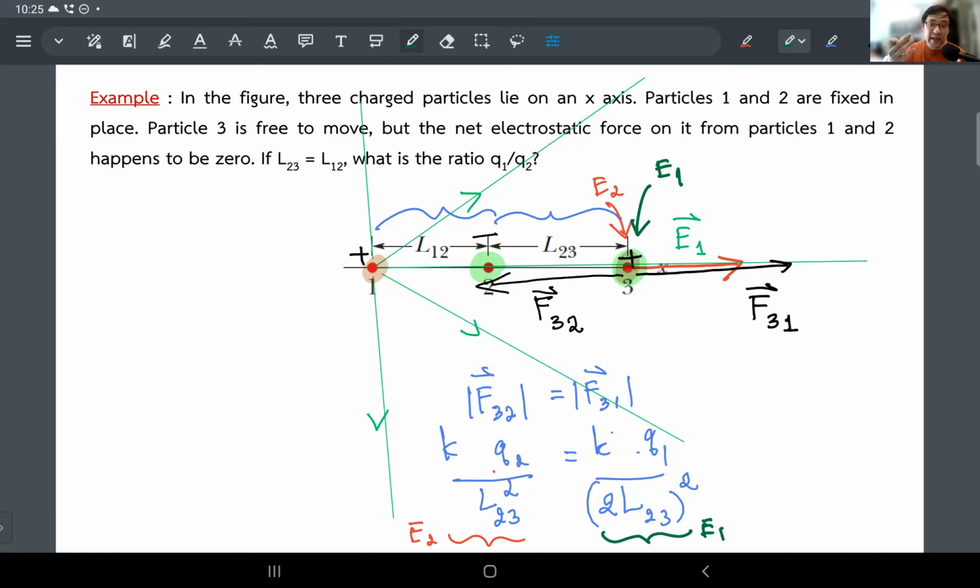That means the electric fields have to be exactly the same as well. Because the force and the field are super connected, when the force is zero, the field has to be zero as well. So if the net force is zero at the position of charge number three, the net field at that point must be zero as well.